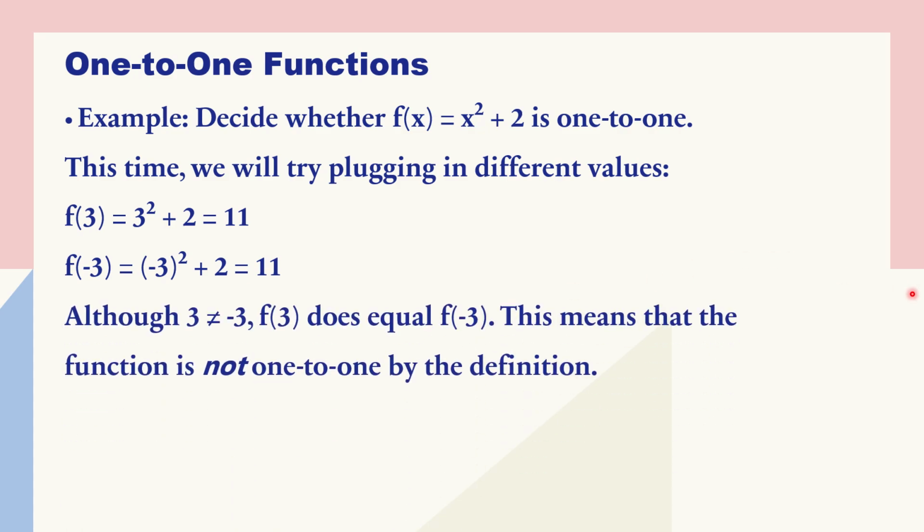So here for different inputs we are getting the same output. 3 is not equal to minus 3, but we get the same output, 11, for different values of x. This means the function is not one-to-one.